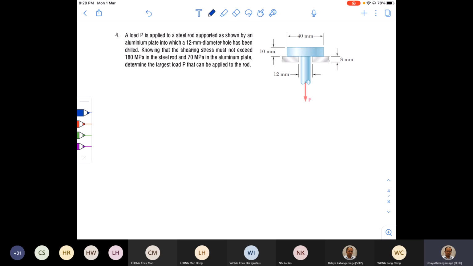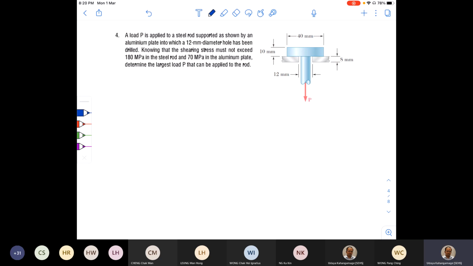Okay, shall we read it together first and try to understand the question? It says a load P is applied to a steel rod supported as shown by an aluminum plate into which a 12 mm diameter hole has been drilled. You understand which one is aluminum and which one is steel here?